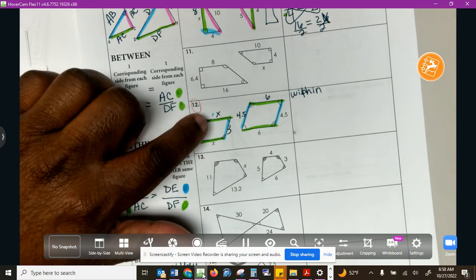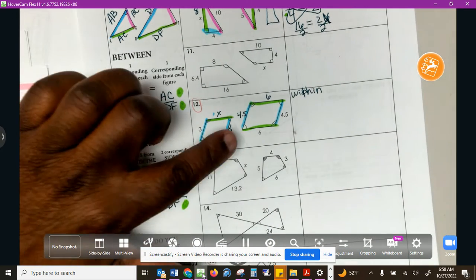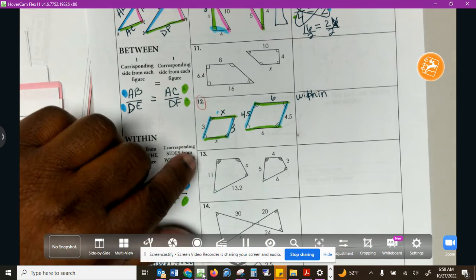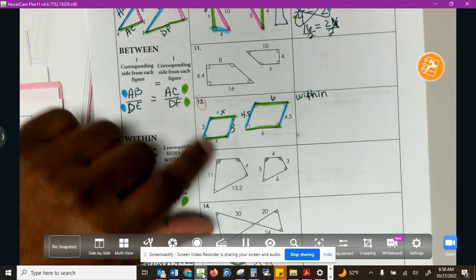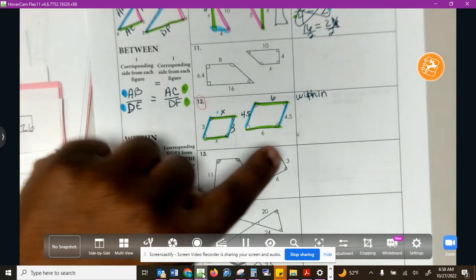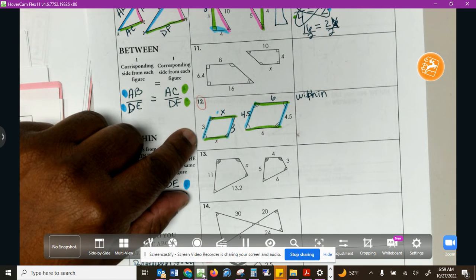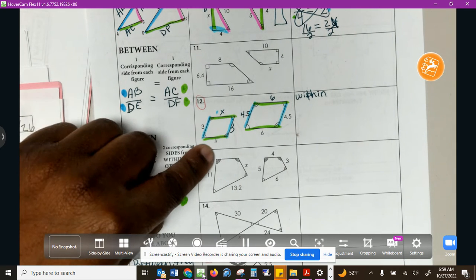And you can look at the angles to make sure that they look alike, to make sure you're lined up correctly. So if I do within, that means I'm going to only take from within one shape first, and then I'm going to do the same sides corresponding. So what I'm going to use here is the 3 and x.